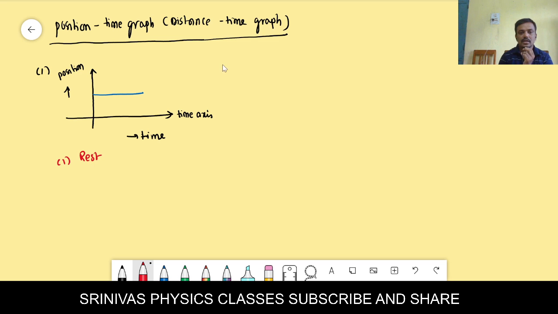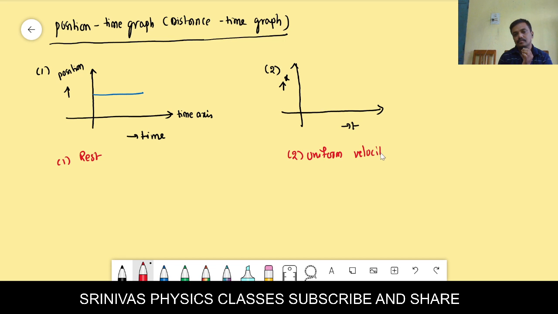Okay, let us go to the second graph. The same position time graph I am going to draw, with position on the y-axis and time on the x-axis. The second one is for uniform velocity, or uniform motion.